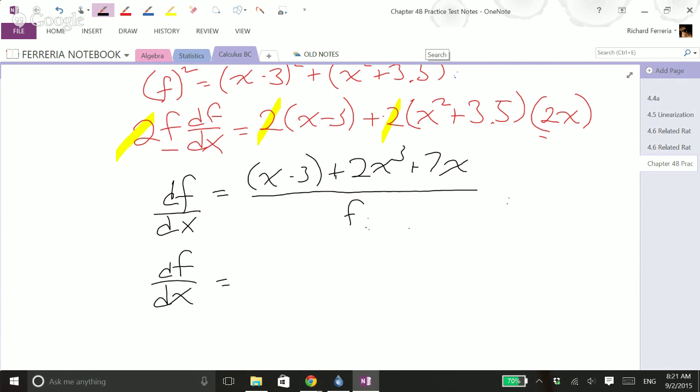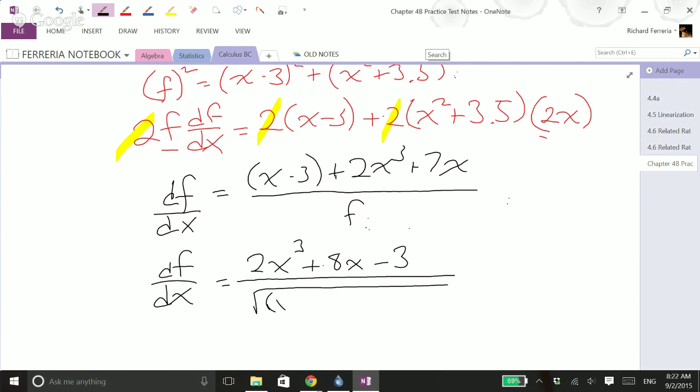F was (x minus 3) squared plus (x squared plus 3.5) squared.